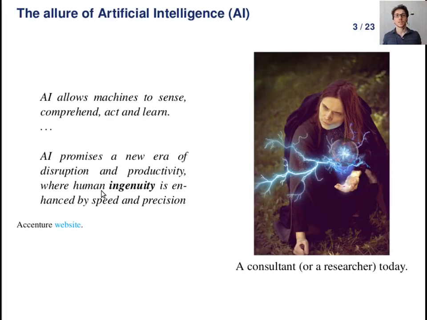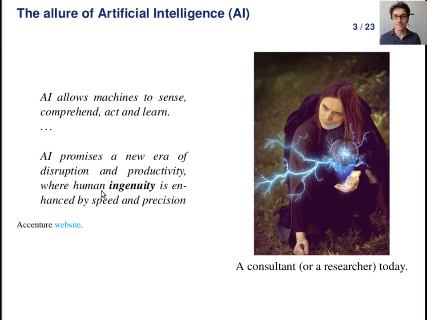So what is artificial intelligence? Well, there is no unique definition because it is sort of a young field. For sure, there is a lot of misconception and sort of sacrality around artificial intelligence that we will try to destroy in this course. So let's take some sentences from a consulting group website.